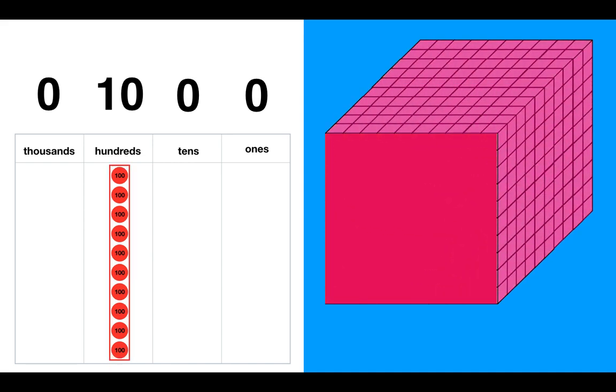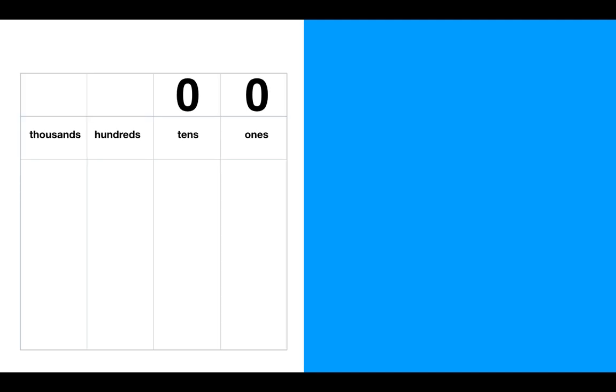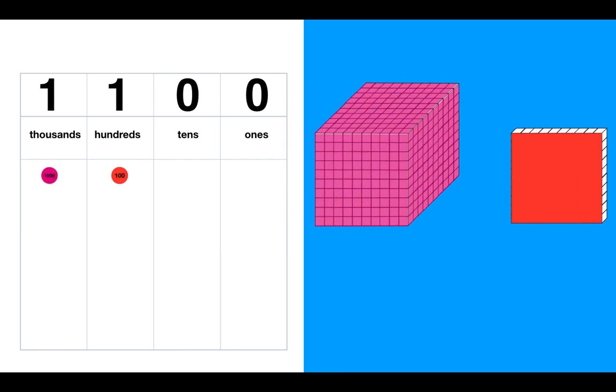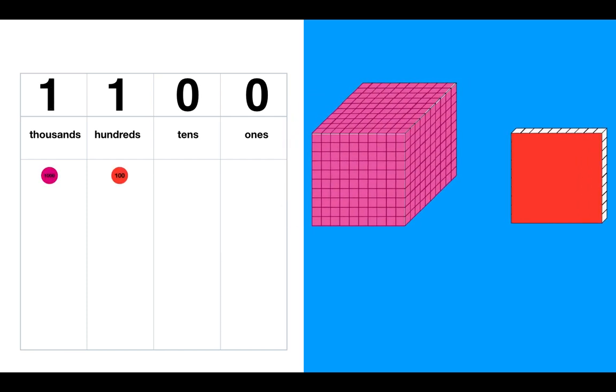I can group all of them together and change 10 hundreds for 1000. When we compare 100 with 1000, we can say 1000 is 10 times as much as 100.